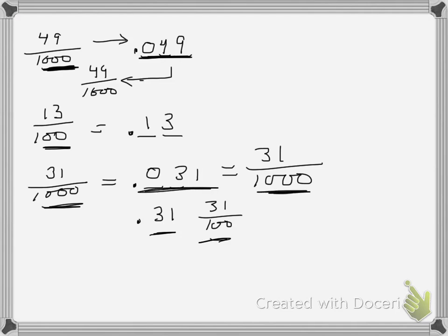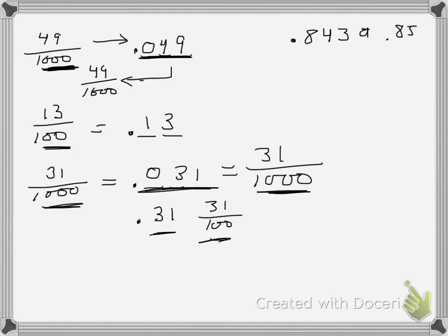Okay, so that is pretty much the gist of the section. Let's talk about one more little thing. What if I were to compare? Let's say I wanted to compare 0.843 and 0.85.